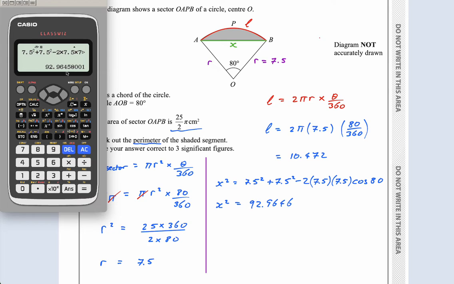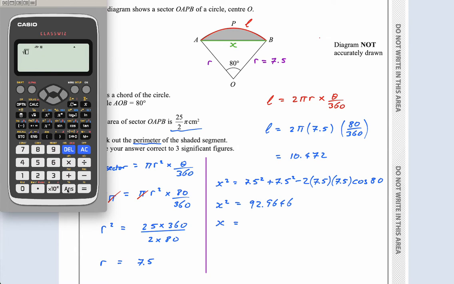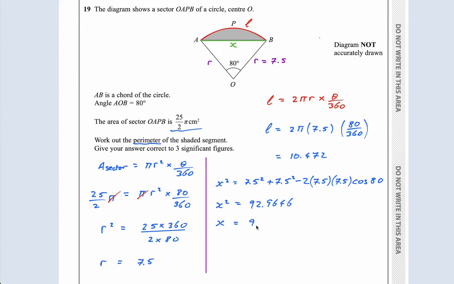Note I rounded to a lot more than 3 significant figures. Then I can get x is the square root of this, so I'll just do square root answer. Give me 9.6148, and that means the perimeter is just going to be this plus this, the length plus this green line.